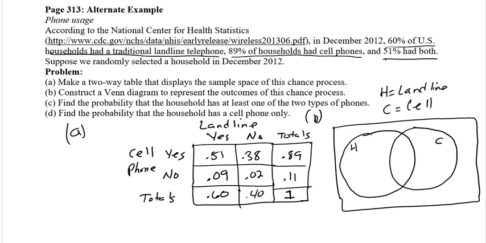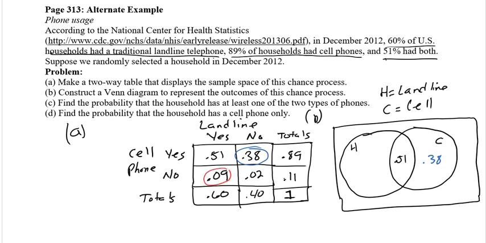In the side of the circle C here, we know that 38% say yes to cell phone and no to landline. So 0.38 goes in there. And for 9% said they had no cell phone but they had landline, so 0.09 goes there.